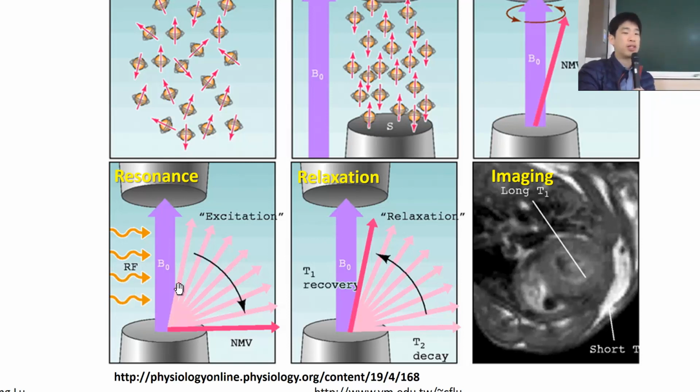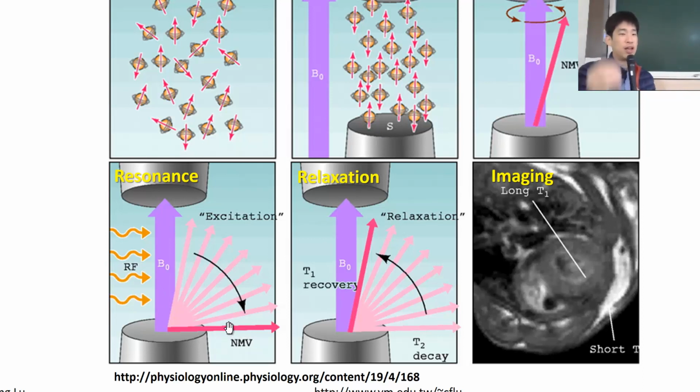So in this plot, you can see the NMV originally sits along B0, but once it obtains the energy from this RF pulse, it comes down. We can describe this with the flip angle, a specific term for the change of the angle. If the flip angle becomes larger, that means the energy obtained from the RF pulse is larger. So you can see the NMV will come to this state.